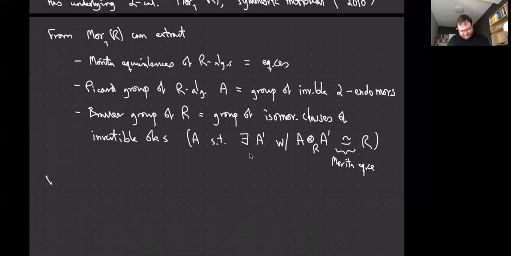So the work that I want to talk about today, the goal is to understand a more homotopical version of this construction.